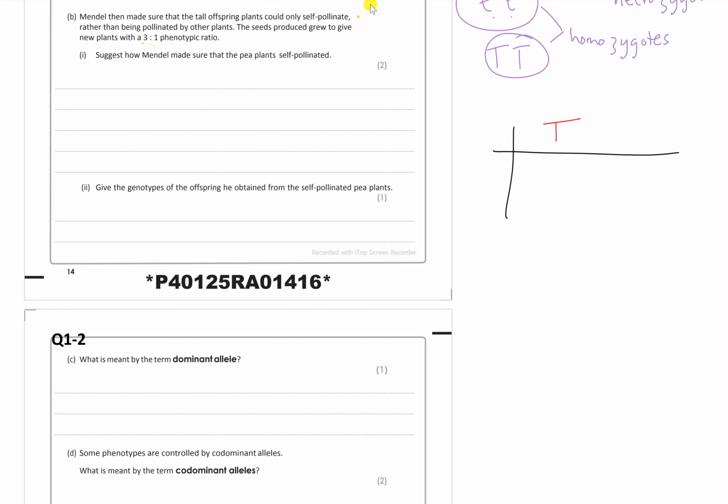So look, this is one plant, say that's mom, and this is the other plant, dad. Remember, all the plants were tall, but it was a heterozygote, not a homozygote, because they had one of each. So if I cross T and T, I get TT. If I cross T and t, I get T, small t. And then finally, if I cross t and t, I get small t, small t.